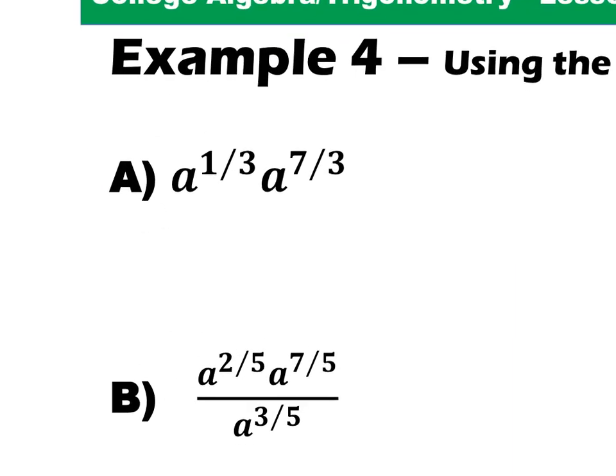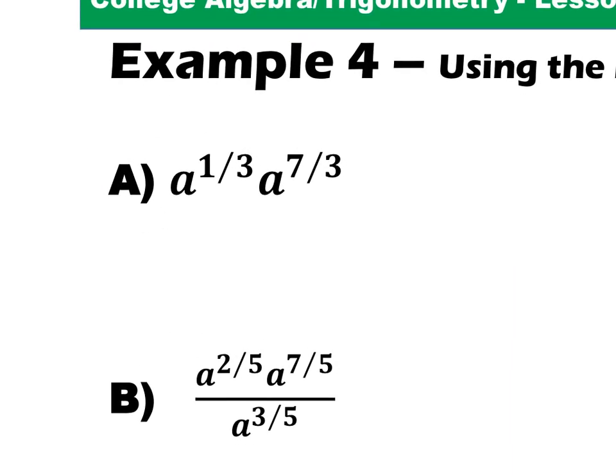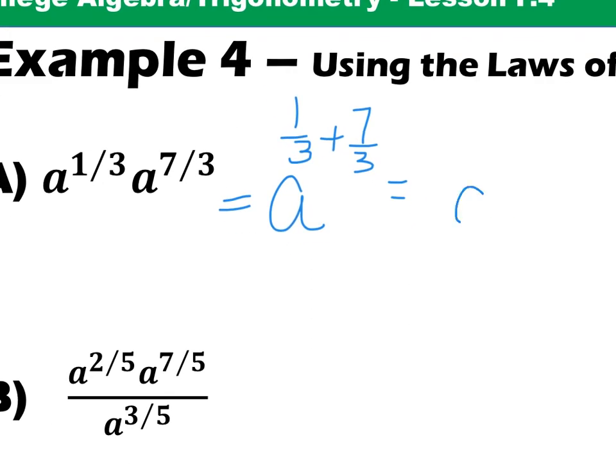When I see rational, so think about this, guys. This is a to something times a to something. When you have the same base, what do you do to the exponents? Same exact process as before. I have a to the, what's 1/3 plus 7/3? A to the 8/3.